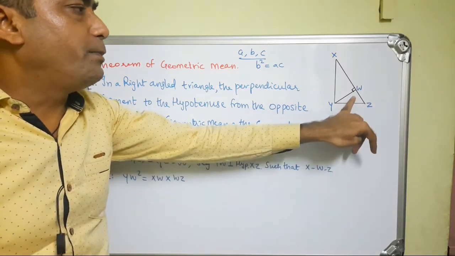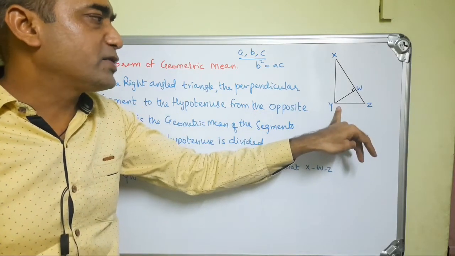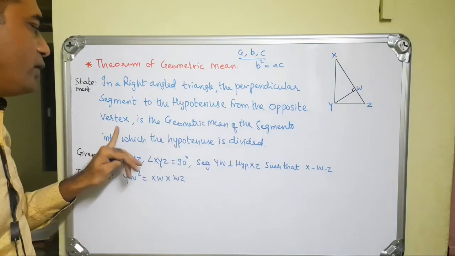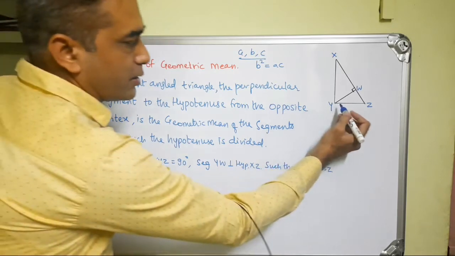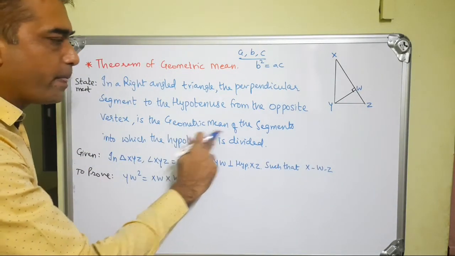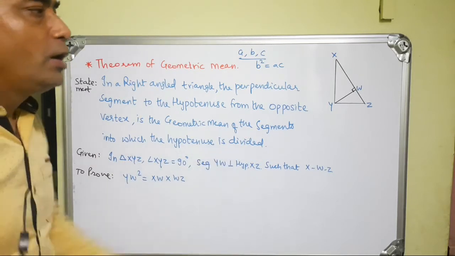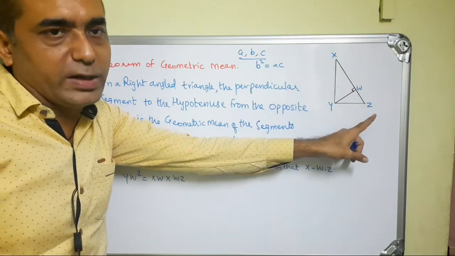Here there is a perpendicular YW to hypotenuse XZ from vertex Y. Due to this altitude, the hypotenuse is divided into two segments.